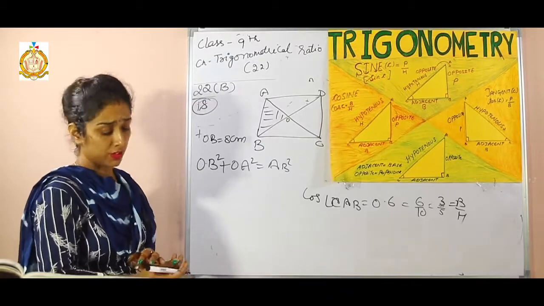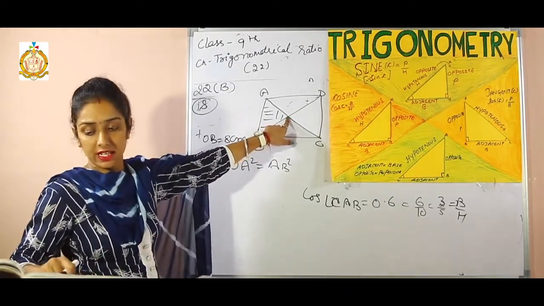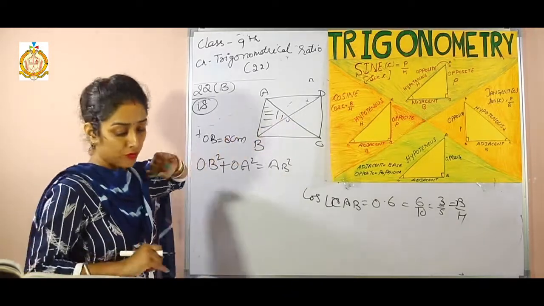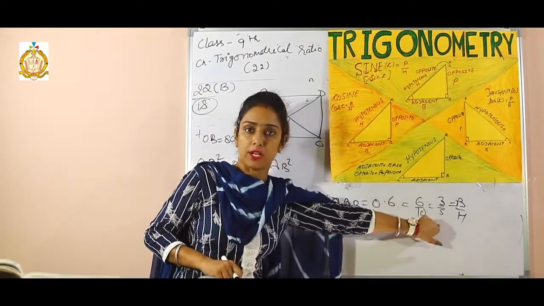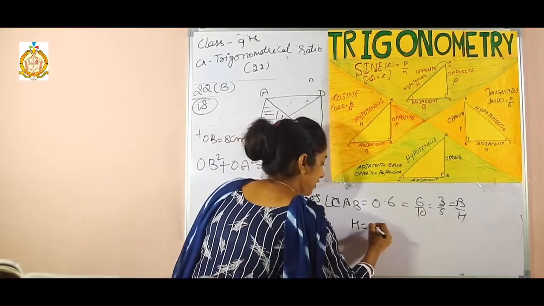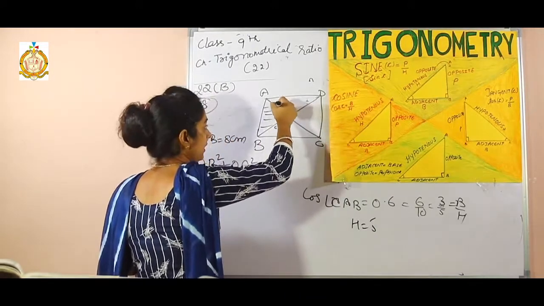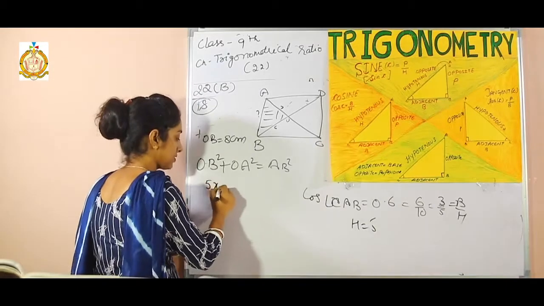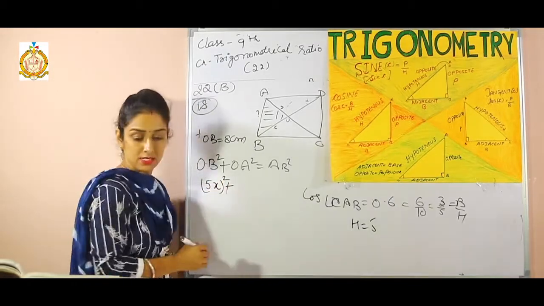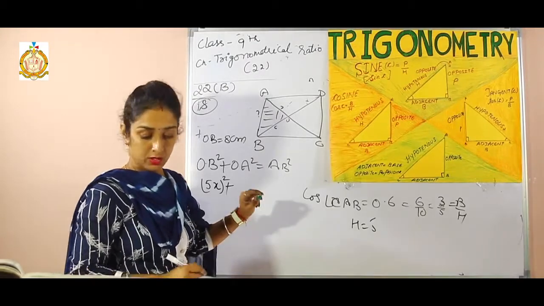Now see, OB is 8 centimeters, and we need the length of the side and diagonals. H is 5, which means this is 5 and this is 3, and we have to find this. Let us suppose this is 5x.